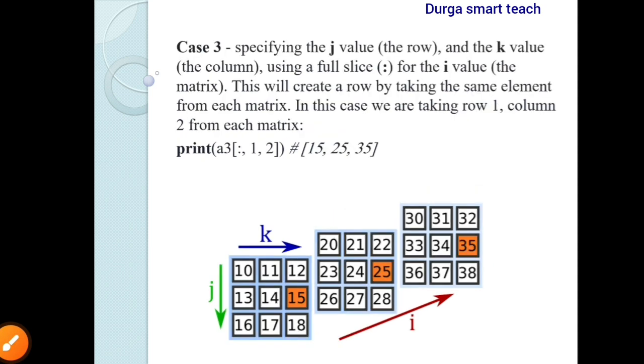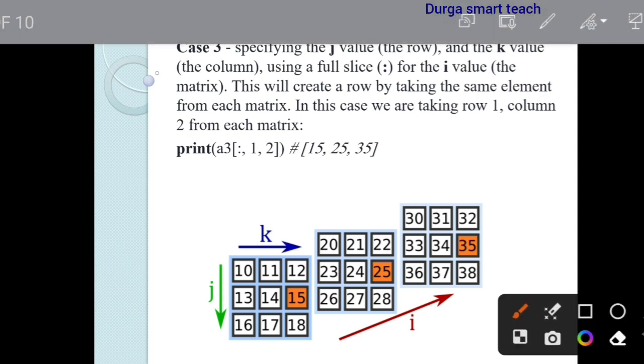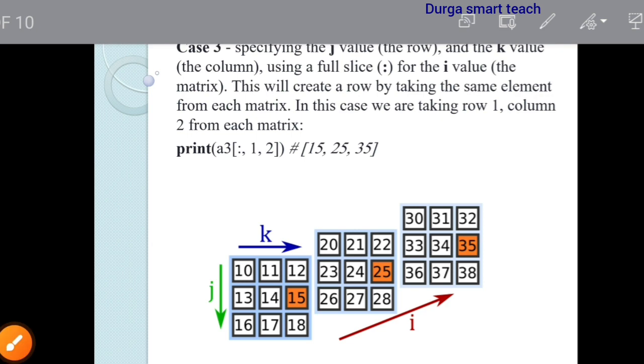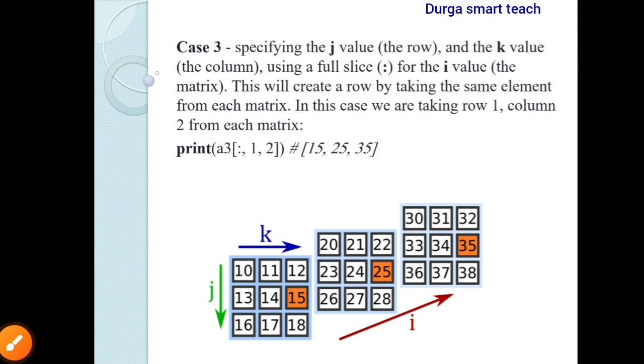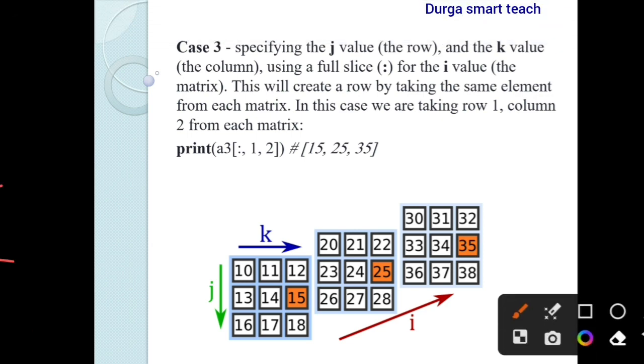If you want to access an individual element in every plane, there is no need to mention the plane, because the element exists in every plane. The element 15 exists in the 0th plane, 25 exists in the first plane, 35 exists in the second plane, so that's why I am giving colon comma.